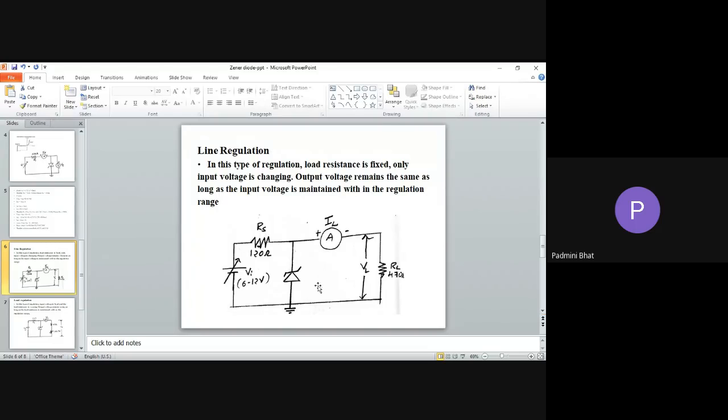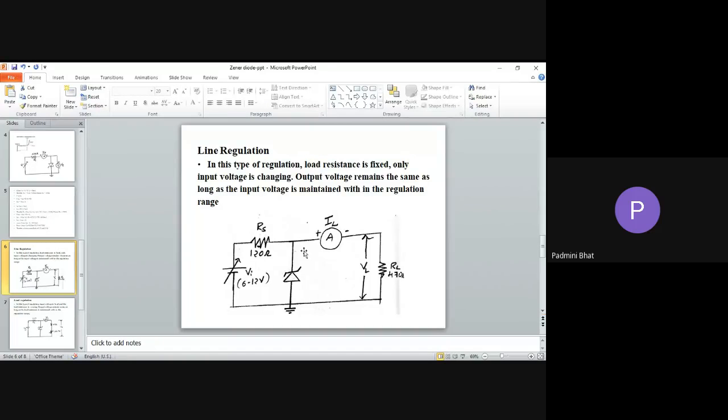I was told to regulate 4.7 volt, so I took the voltage as 4.7 volt. But what is the power specification? When we calculated we got 0.239, so 0.5 is the upper limit. That is the power specification for this.